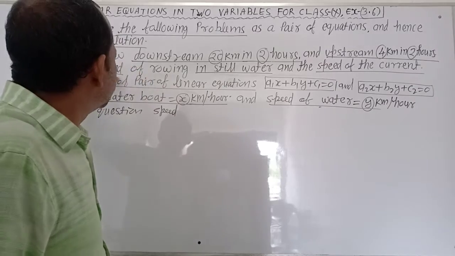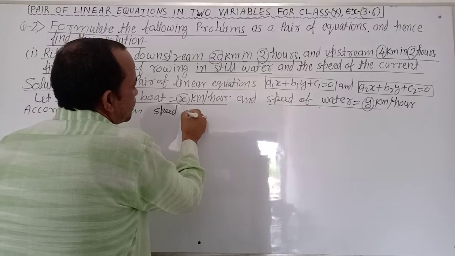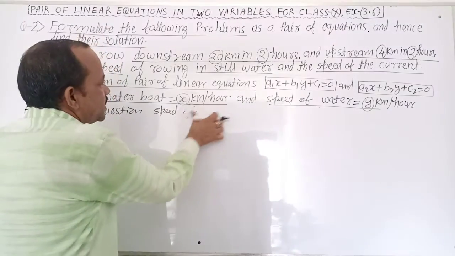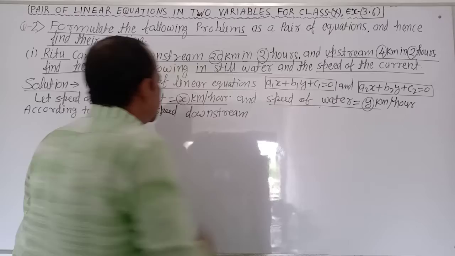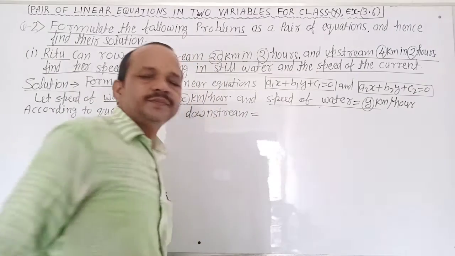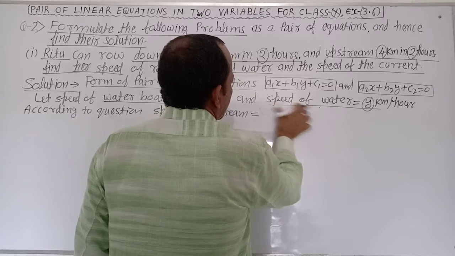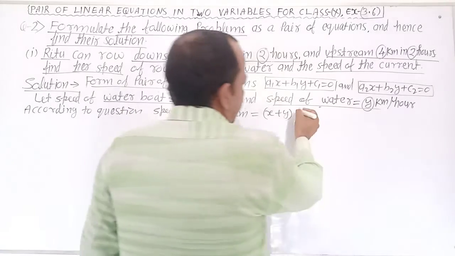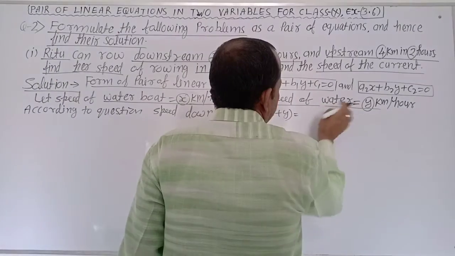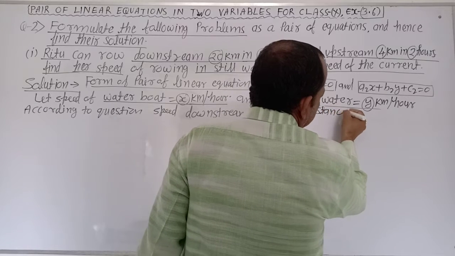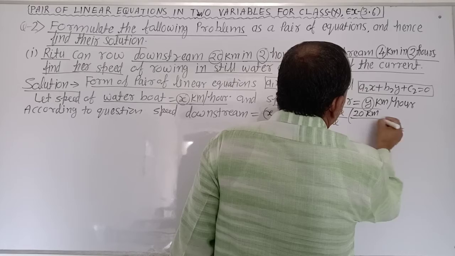Speed downstream equal to distance upon time. x plus y equal to 20 upon 2, distance upon time, 20 km upon 2 hours.